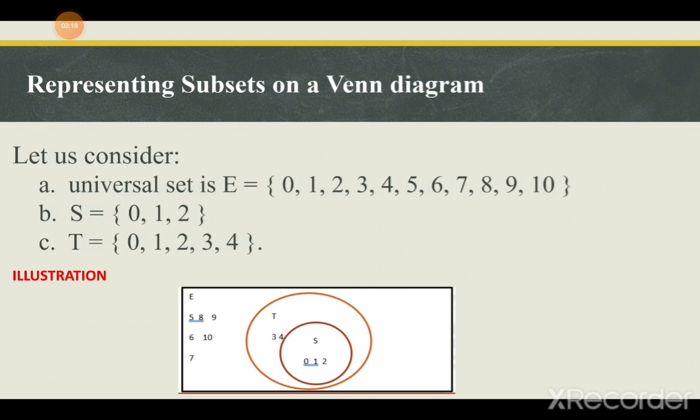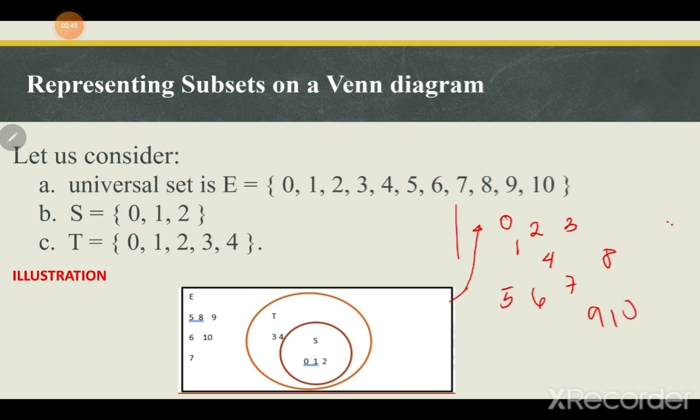If you would like to represent it in a Venn diagram, you will create a rectangle. This rectangle represents your universal set, wherein you have 0, 1, 2, 3, 4, 5, 6, 7, 8, 9, and 10.